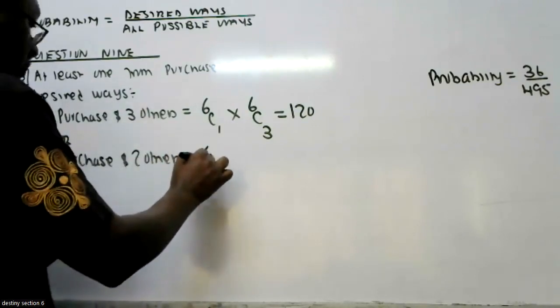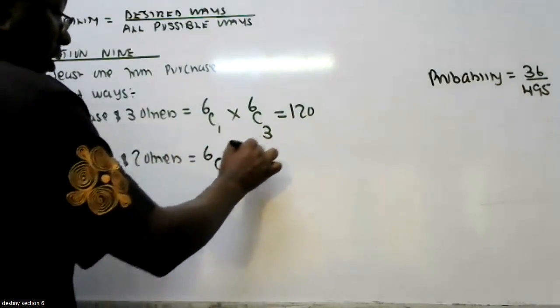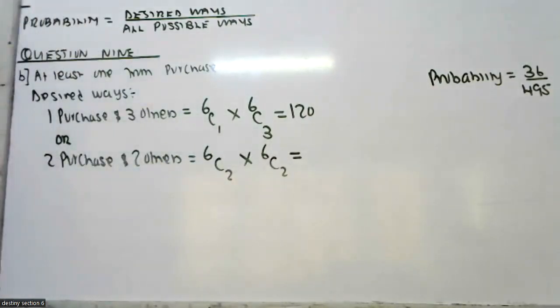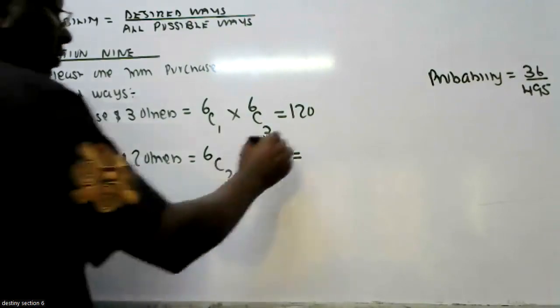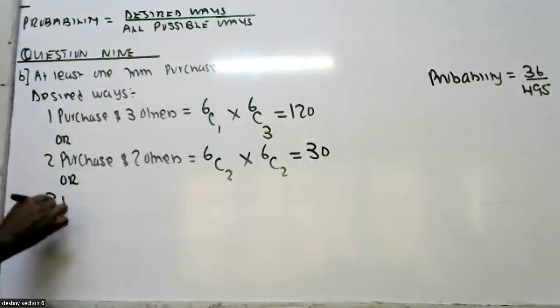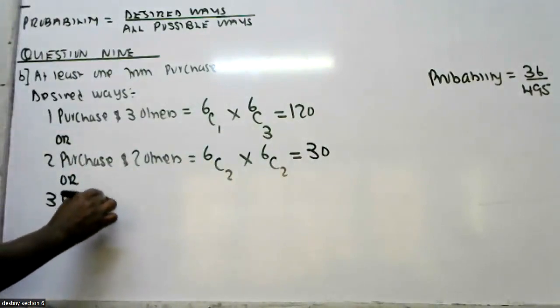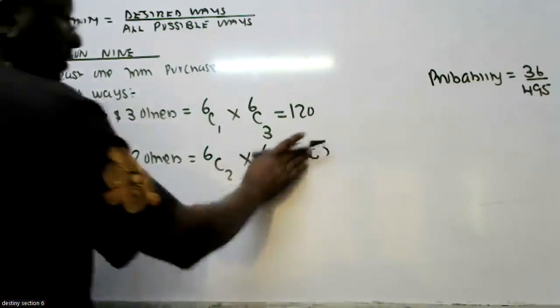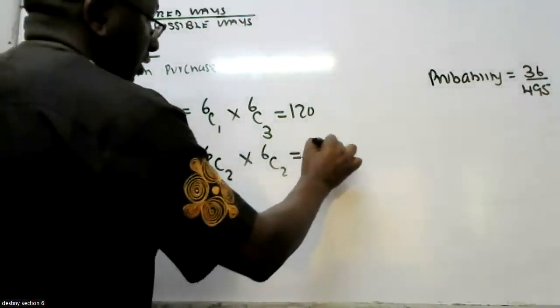So this will be 6 choose 2 and 6 choose 2, which is 225.